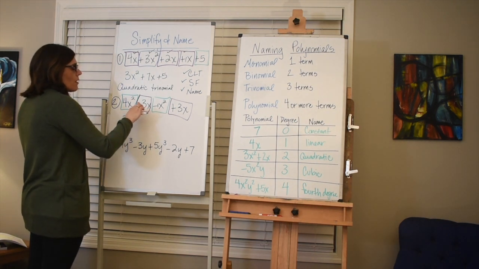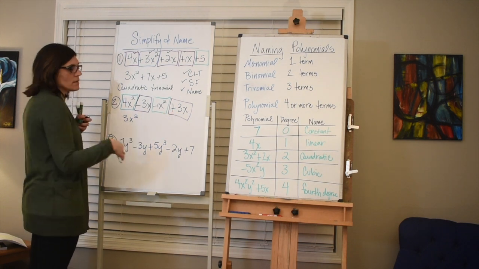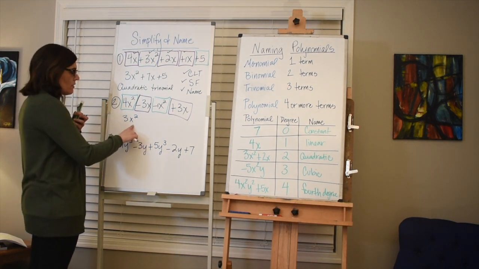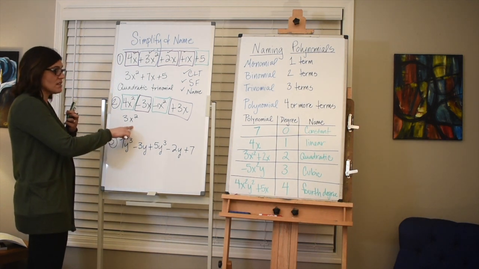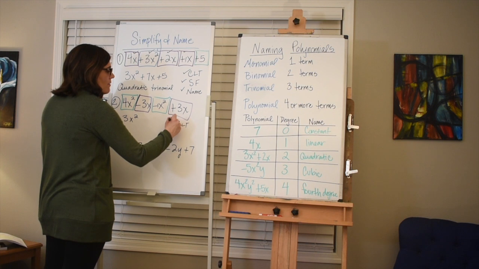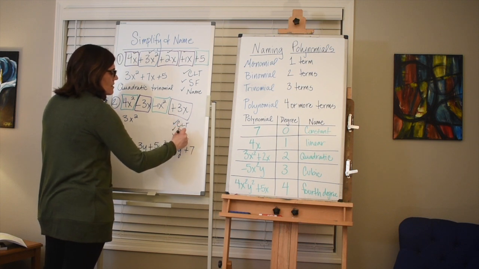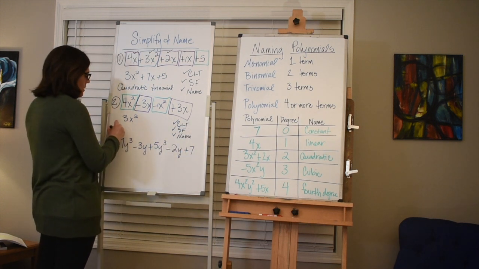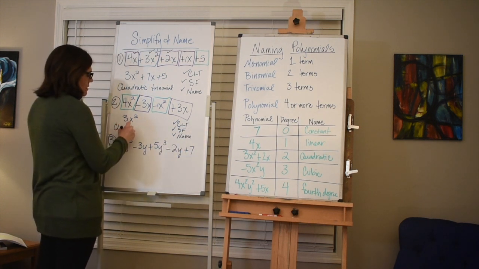Negative 3x plus 3x ends up as 0x. I don't need to write that. So this is the simplified version of this. Have I combined all like terms? Yes, I have. Is it in standard form? Yes. And if I were asked to name this, it would be a quadratic monomial.